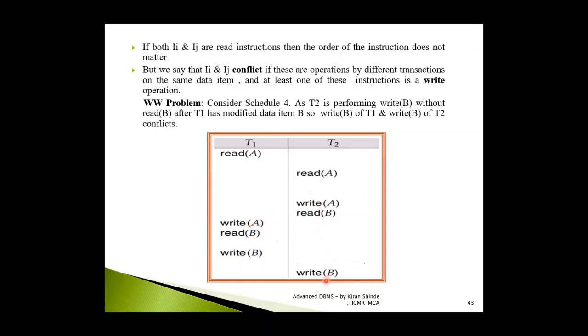These are WW conflicting pairs, that is, write conflicting pairs. Here the problem is the lost update problem, because no transaction will be able to preserve its final modification in the database, since overwriting is happening.